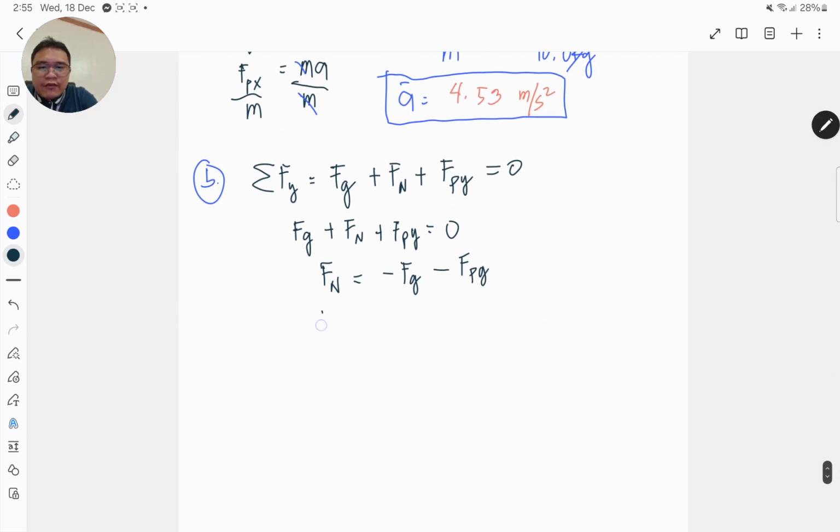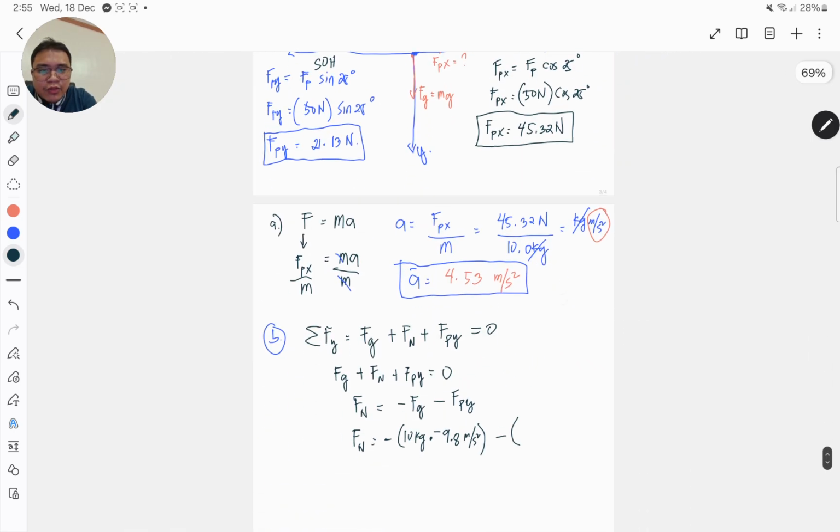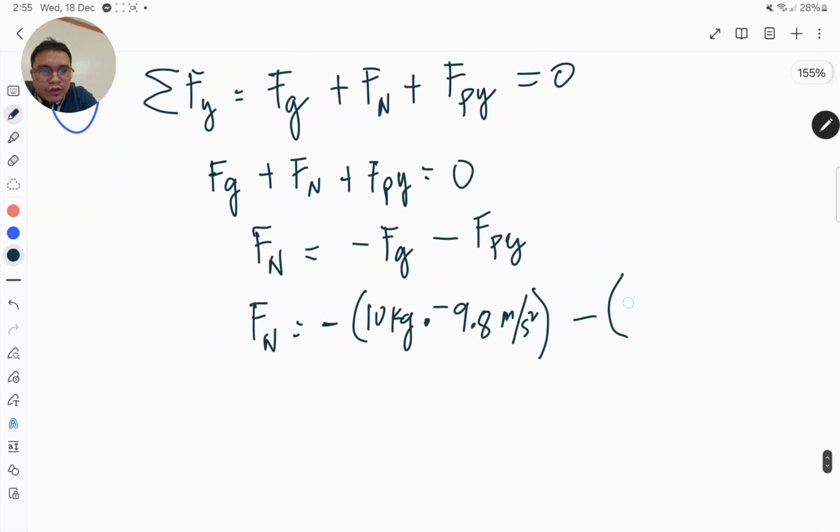Okay, so we have now our Fn, which is of course our Fg is equivalent to negative our mass, which is 10 kilograms, times our acceleration due to gravity, which is negative 9.8 meters per second squared, minus our Fpy a while ago. Sorry, this is y, this is not g. Okay, that's y. So our Fpy a while ago is given as 21.13 newtons. So this is minus 21.13 newtons.